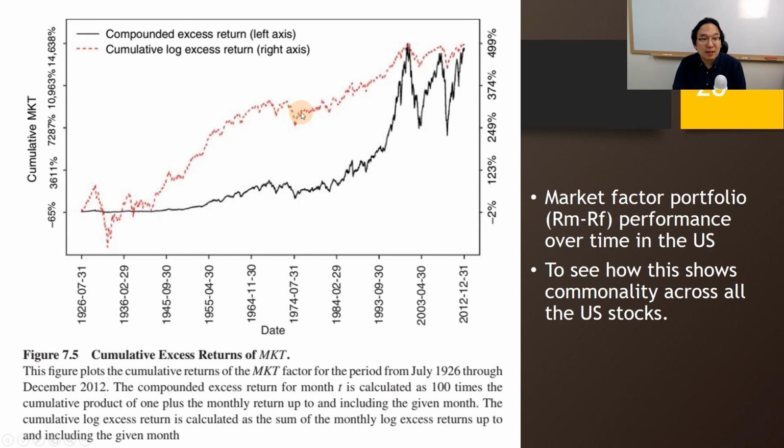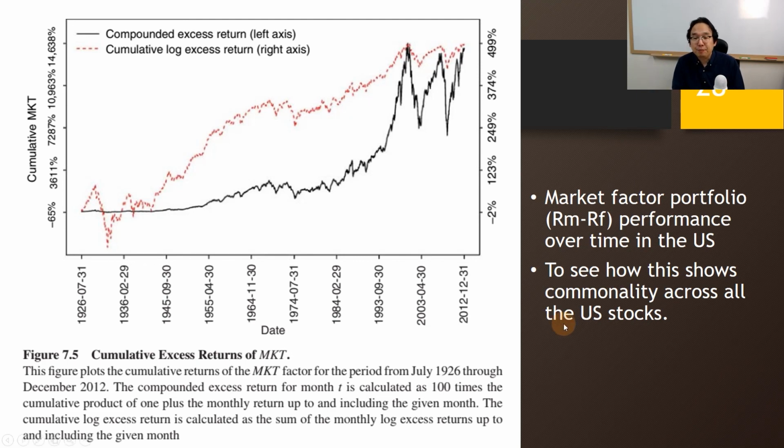And every time there is a stock market crash or crisis, you see a dip over there, right? The 2008 financial crisis or the Asian financial crisis, like that. You see it happening. So we can reasonably infer that the performance of this market factor portfolio, RM minus RF, over time makes sense. It tells us a coherent story about what happened in the US market and in the global market as well, right?